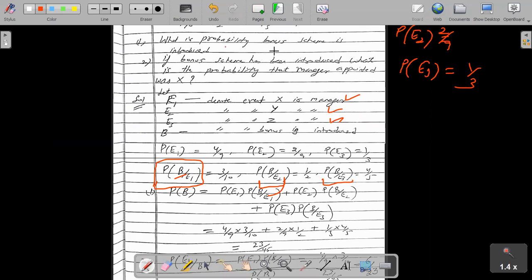Now, what is the question? What is the probability that the bonus scheme is introduced? हमें पता है bonus हमने क्या लिया था, B. तो हमें क्या निकालना है? We have to find the probability of B. तो इसी क्वेश्चन को इन्होंने दो पार्ट्स में डिवाइड कर दिया.